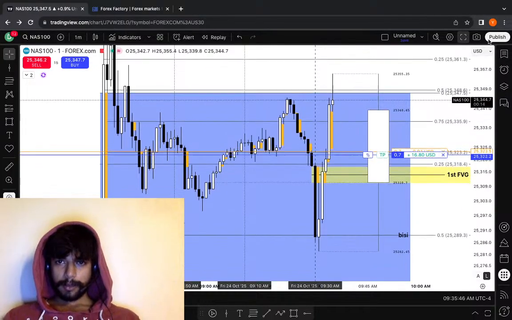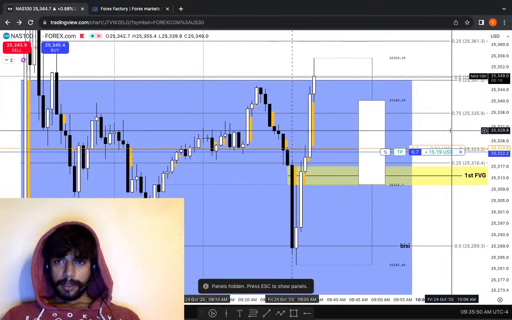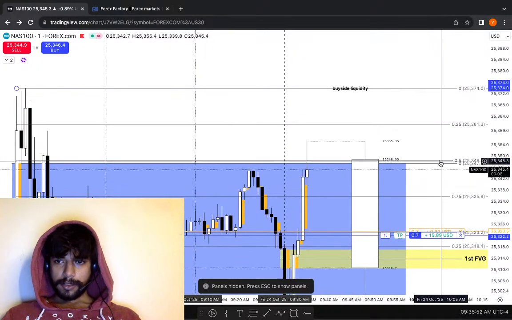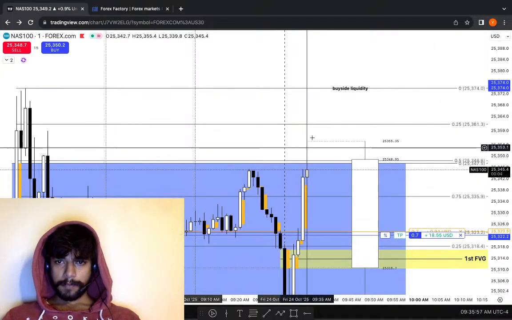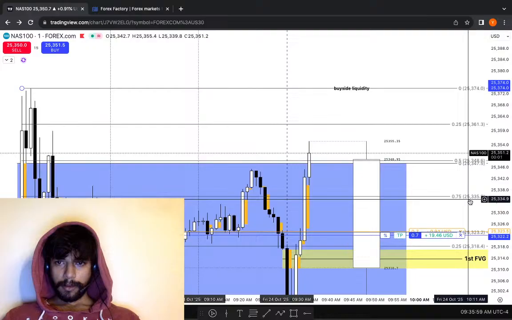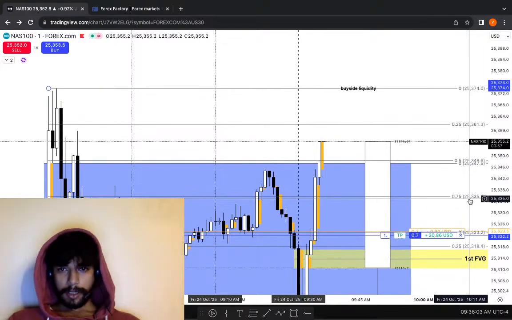Okay, I'm just zooming in for you guys. This is the midpoint of that 15-minute wick. I want bodies to close above it. Yes, that is what I was expecting it to do.